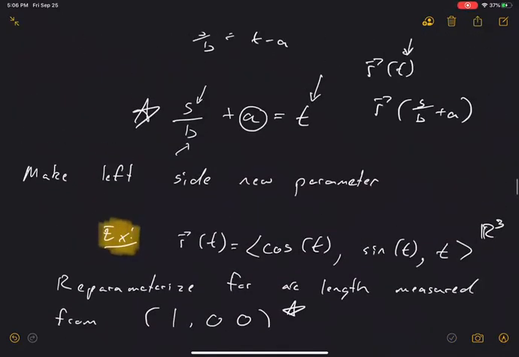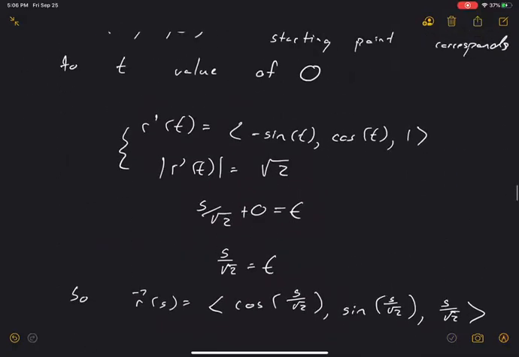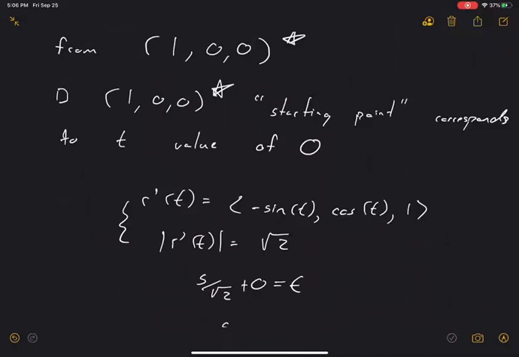And maybe to make this a bit more clear, what is this b? That b is the magnitude of r prime of t. And this a is the t value of the starting point. So now we know those pieces of information.